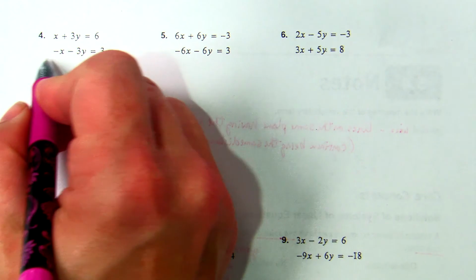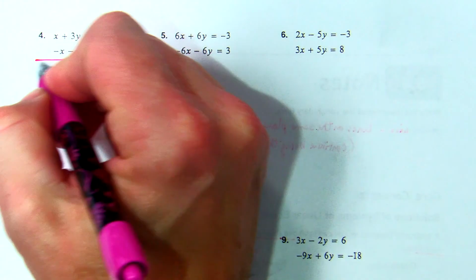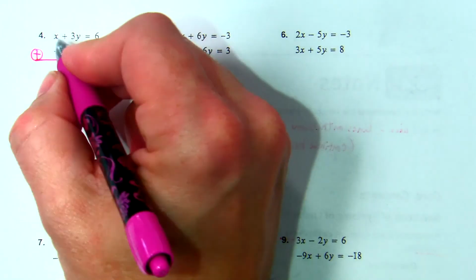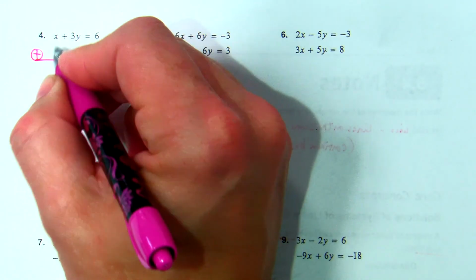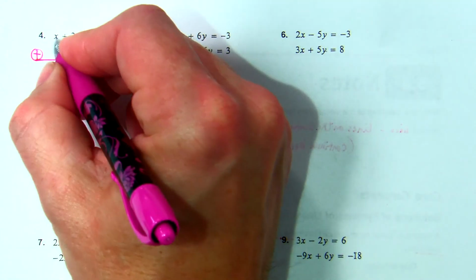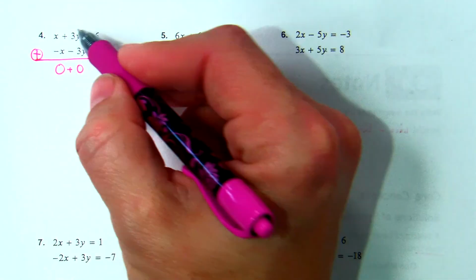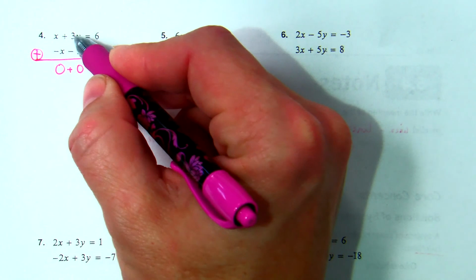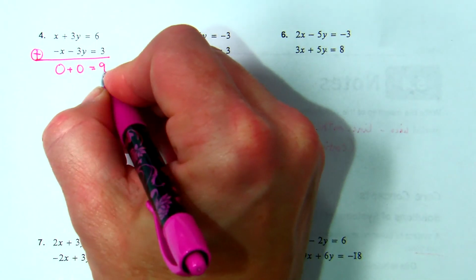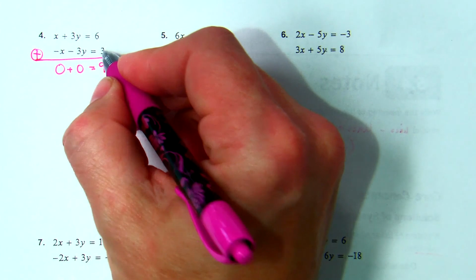All right. So in this case right here, again, I'm going to use opposite signs. I'm going to use addition to help me eliminate something. And in this case, it's obviously going to eliminate both terms again. We're going to have a 0 plus 0 because the negative x and positive x is 0. Negative 3y and positive 3y is a 0. But I'm going to have this equal 9 because 6 plus 3 is 9.